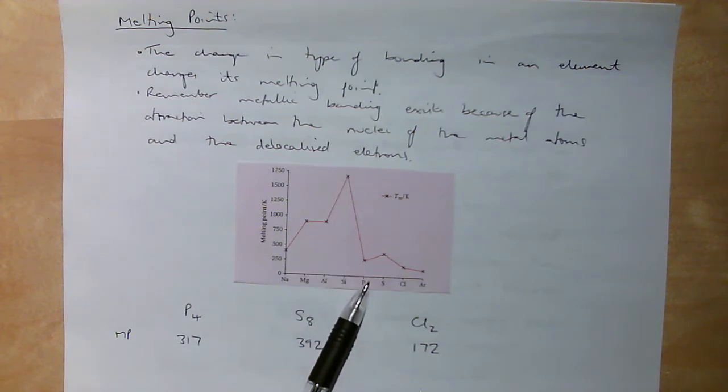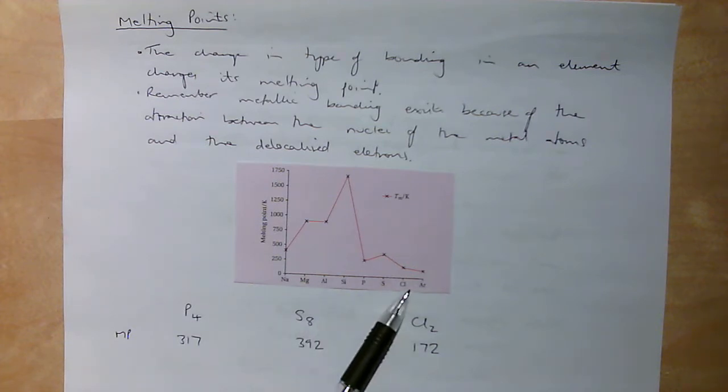Then we get onto our smaller molecules. Phosphorus, sulfur and chlorine are molecular. Phosphorus takes up the structure of P4, sulfur takes up the molecular structure of S8, and chlorine takes up the molecular structure of Cl2.